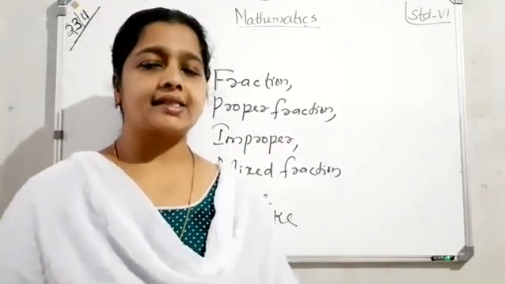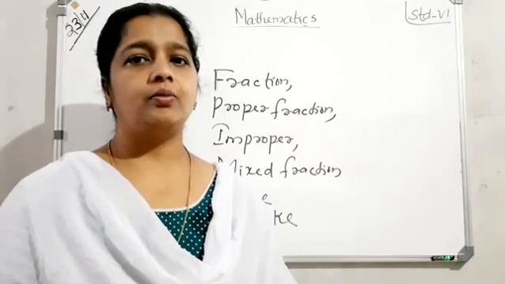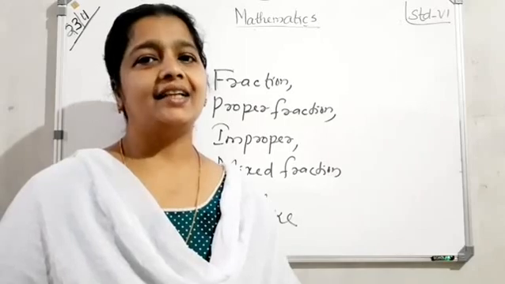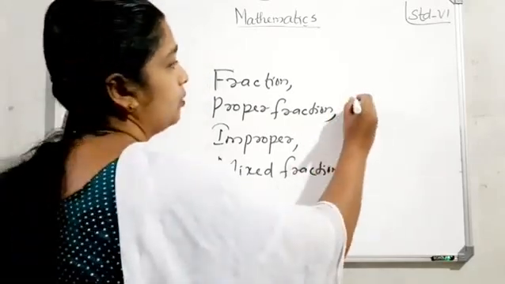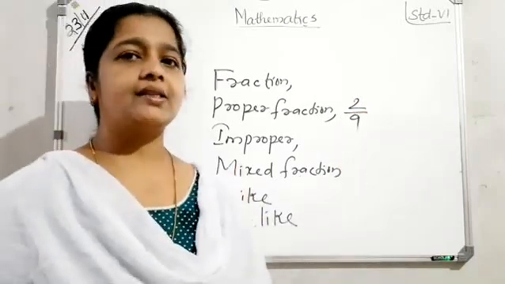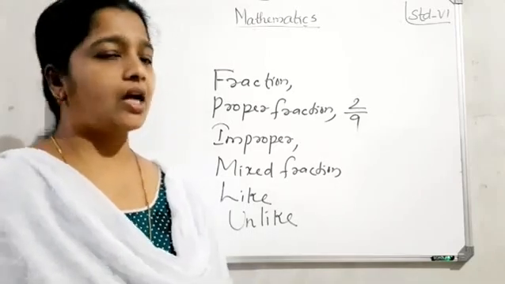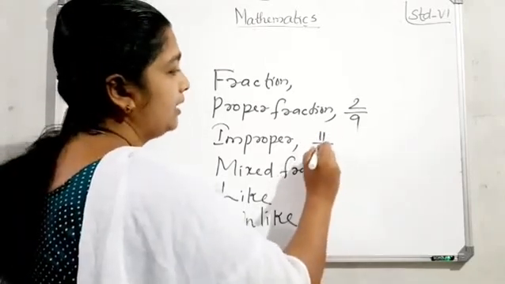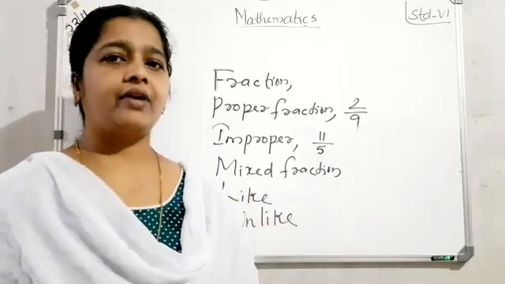Numerator less than the denominator is called a proper fraction. Example, 2 by 9. Improper fraction: numerator greater than the denominator is called an improper fraction. Example, 11 by 5.